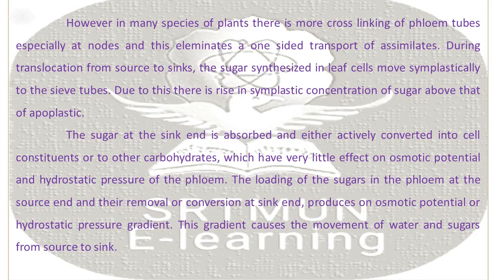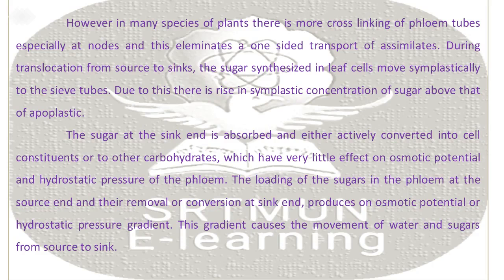Now, the sugar at the sink end is absorbed and either actively converted into constituents or into other carbohydrates which have very little effect on the osmotic potential and hydrostatic pressure of the phloem.